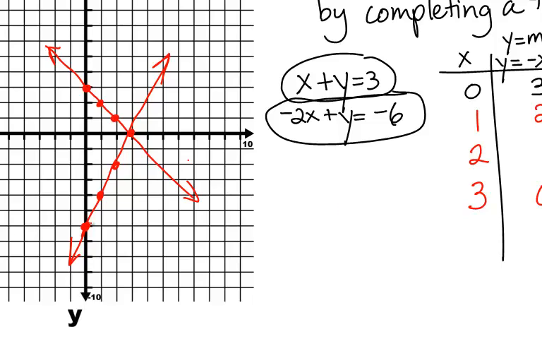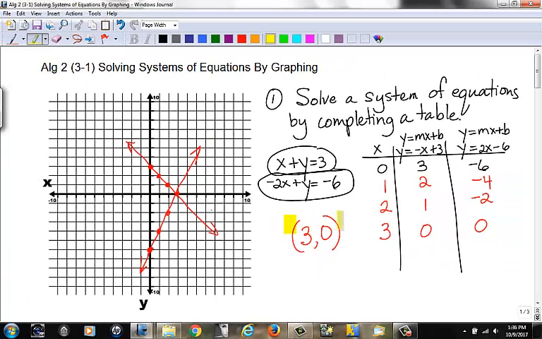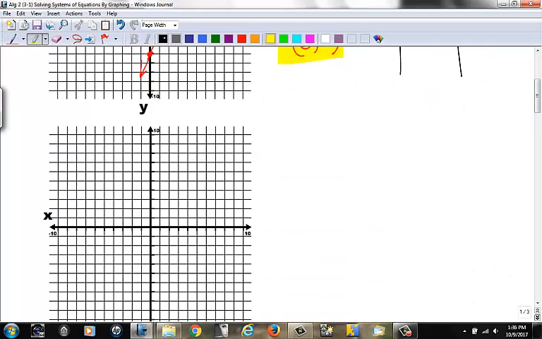So the point where these two lines intersect is 3 to the right, and that's 0. So that point satisfies both equations. Okay. Any questions on that one? Okay. And you can do those as separate tables. If putting them together messes you up, you can do it that way too. Okay.